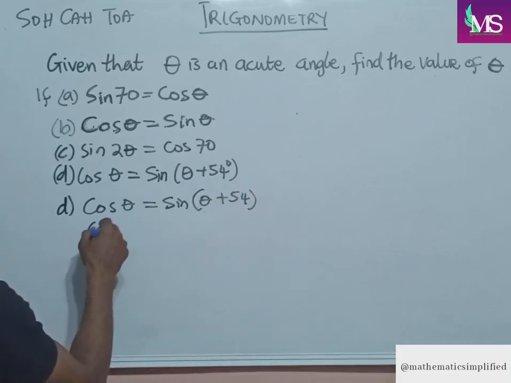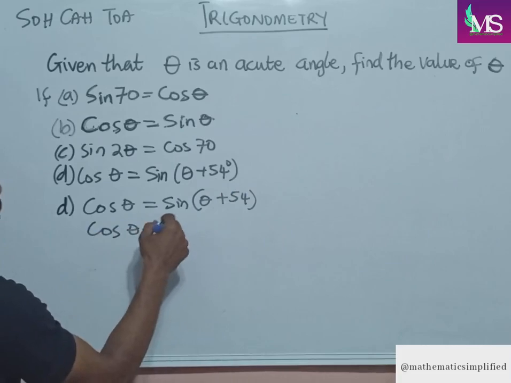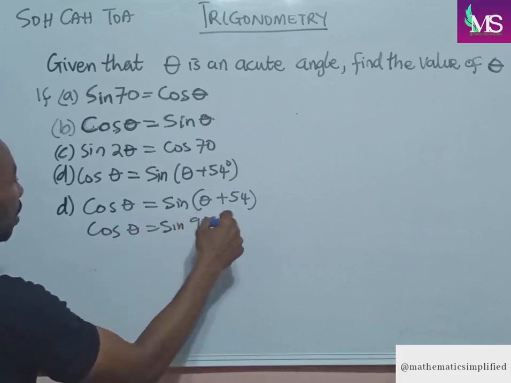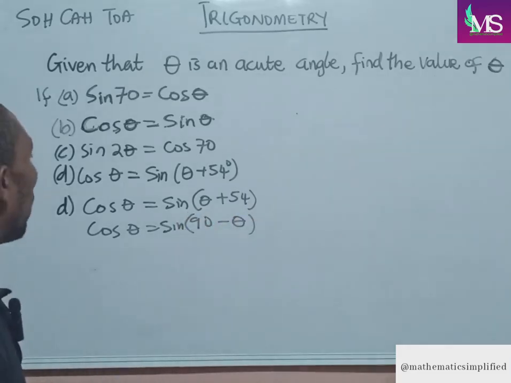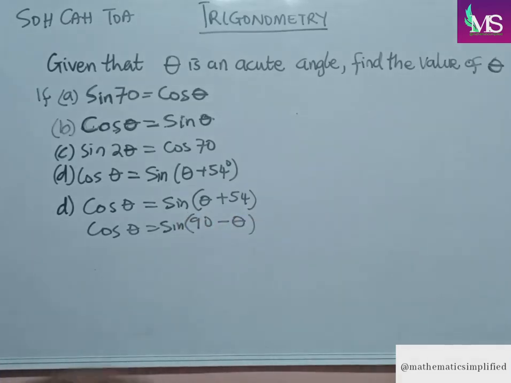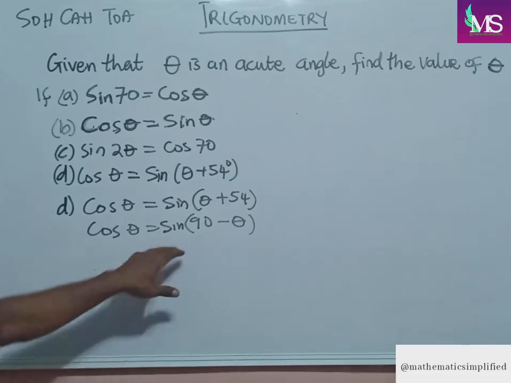And we know that cos theta equals sine 90 minus theta. Now this is the complement of this. So next thing we are going to look at is how to equate these two.